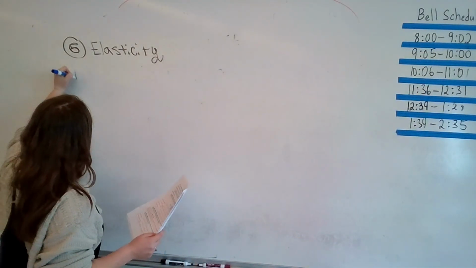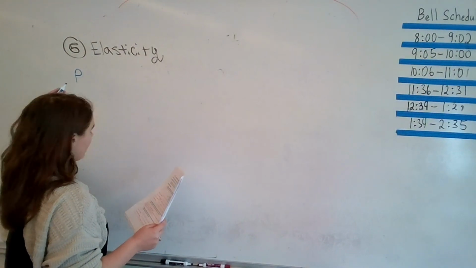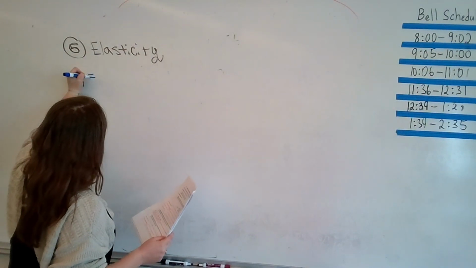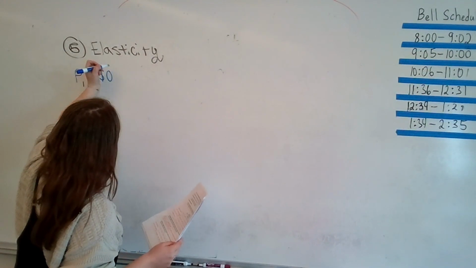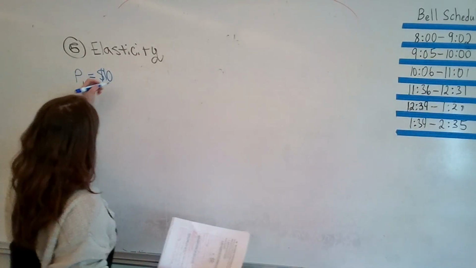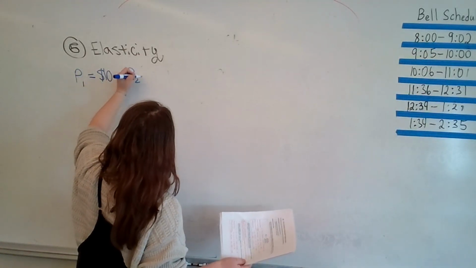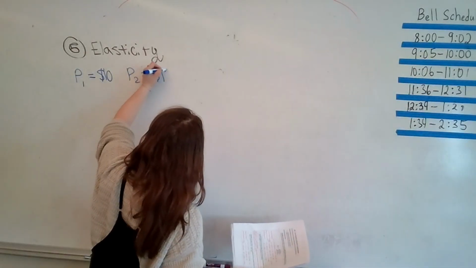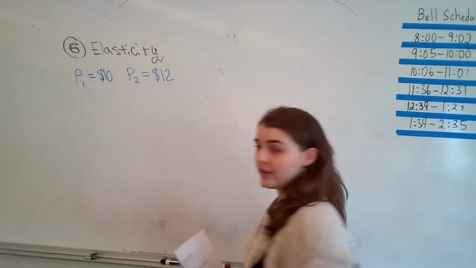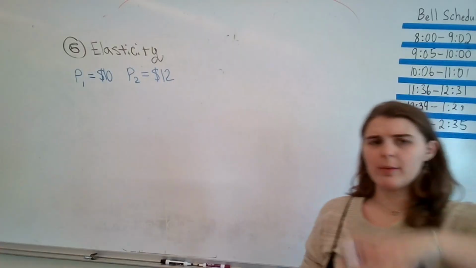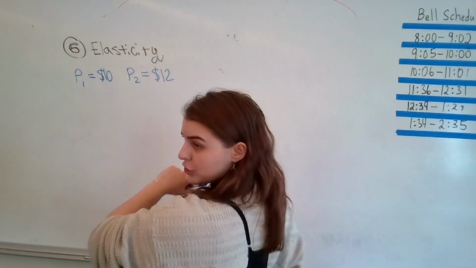Prices go from a price of P1 of $10, that's the first price, to a price of P2, which is $12. The movie theater thinks they're going to fill the seats, they want to make a little bit more money, so they charge $2 more.